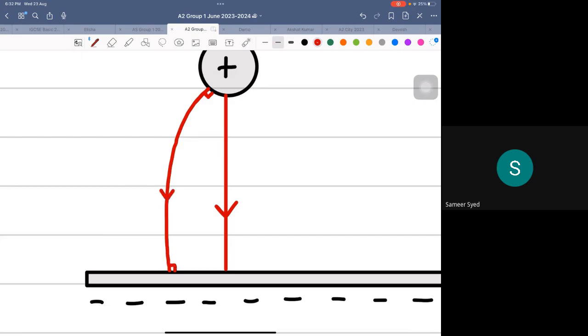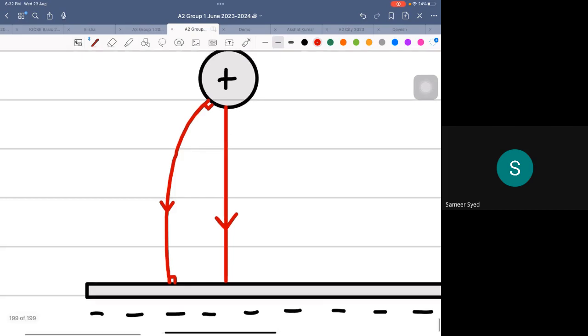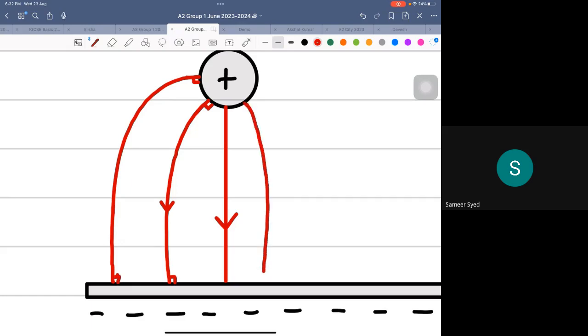Do you guys get my point? So if it's coming from this point, it will come out at 90 degrees and then it will curve back and enter here exactly at 90 degrees. This is the reason why the field would look as if it's turning, but it's actually trying to enter and exit at 90 degrees at all times.